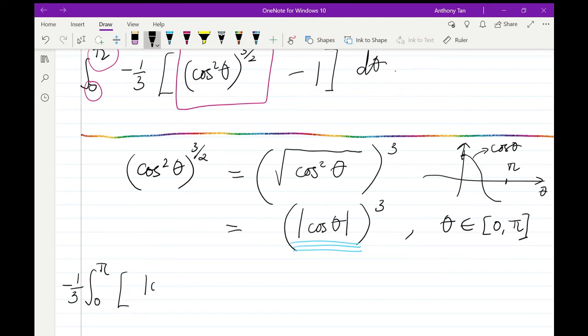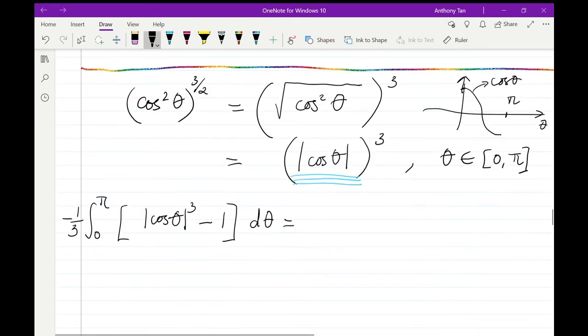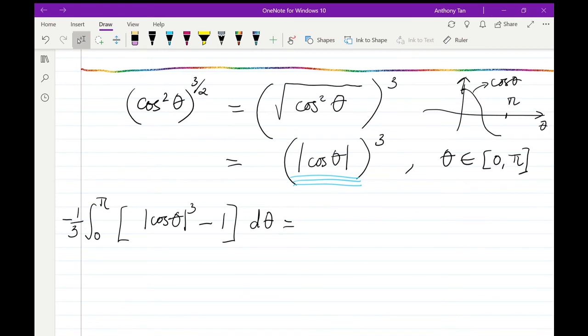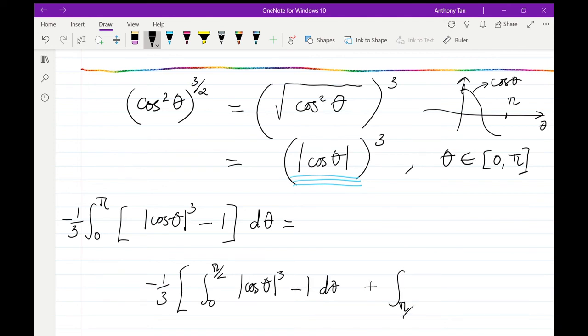Here we already work out that it will be absolute cosine cubed minus 1 d theta. We will break it into two pieces to deal with the absolute value. Go 0 to pi over 2, plus pi over 2 to pi.